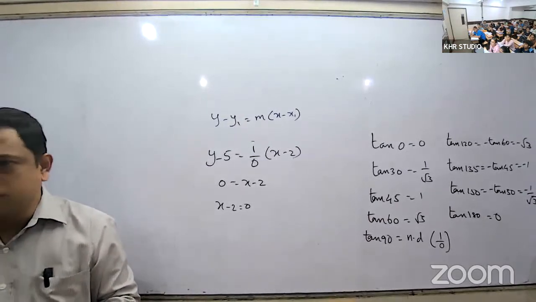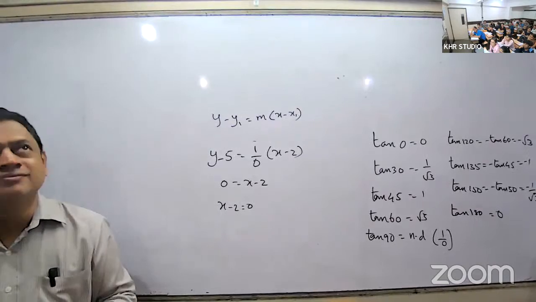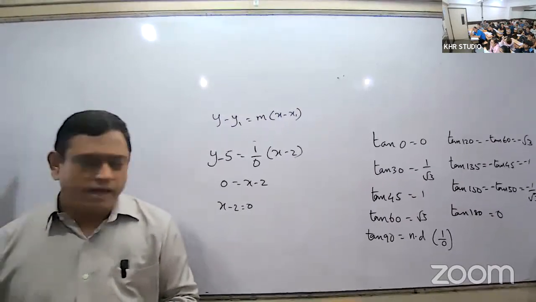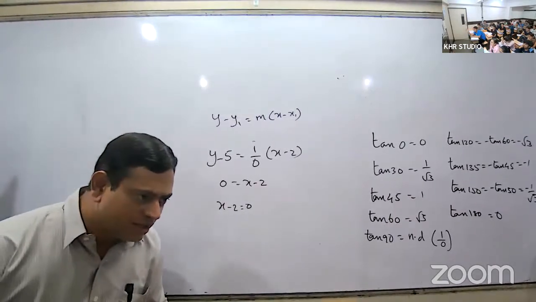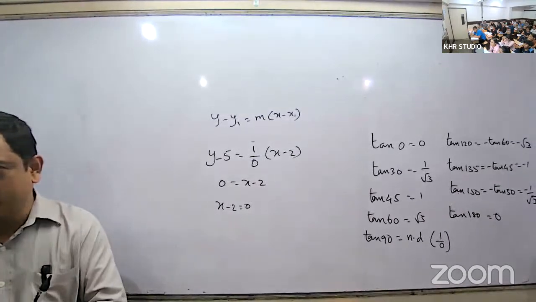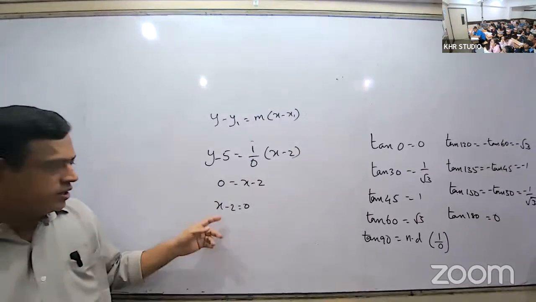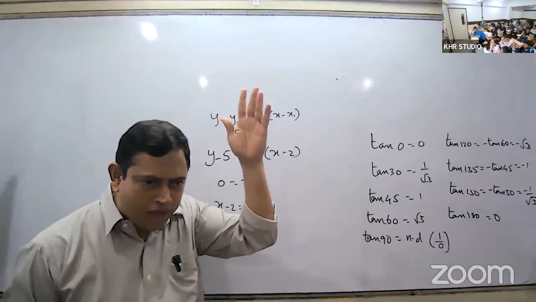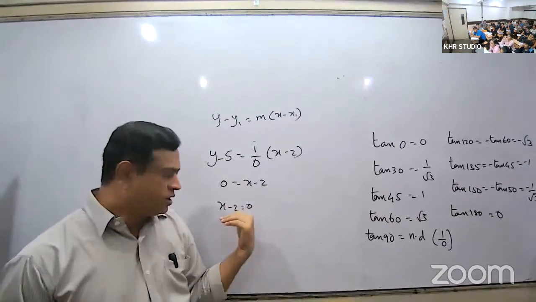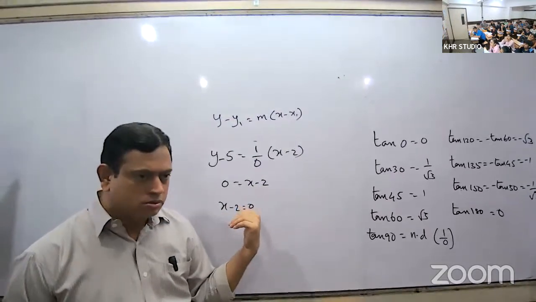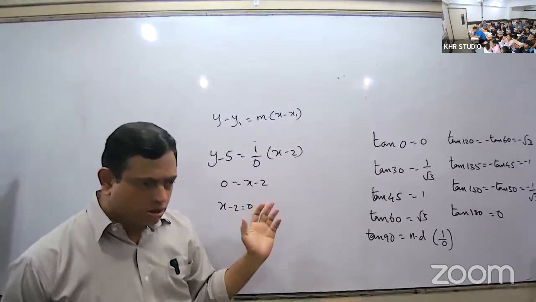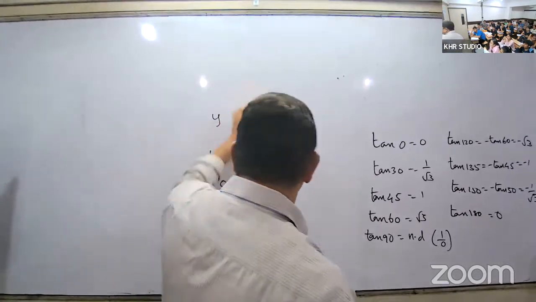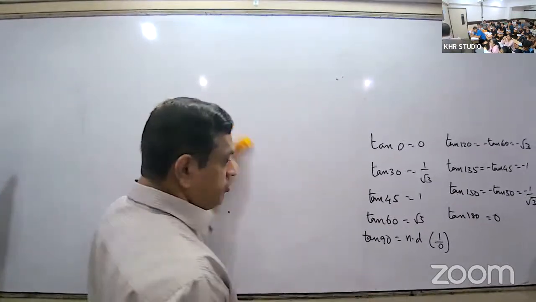It is a line parallel to the y-axis. At least one girl said, others? Did you study x equal to 2, y equal to 3 and all? When a line x equal to 2 is a line which is parallel to the y-axis, it meets the x-axis at the point 2. Understood or not? Okay. So this one condition all of you followed now.